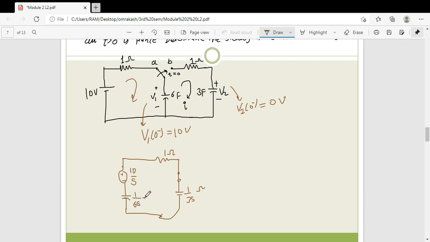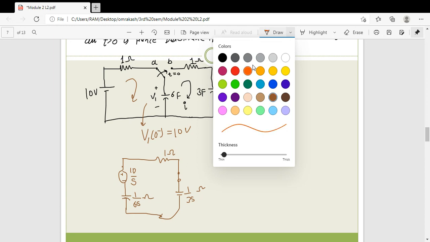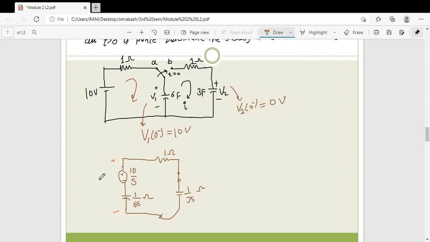Because it's farad है, so this is in terms of ohms. Now you need to find out the voltage expression for this V of s, this V1 of s, and V2 of s. This is your V2 of s, right? V2 of s, and this is your I of s. You need to find all these values.